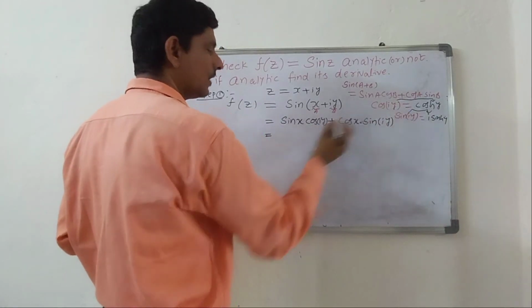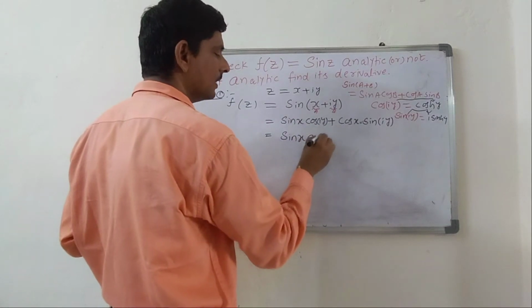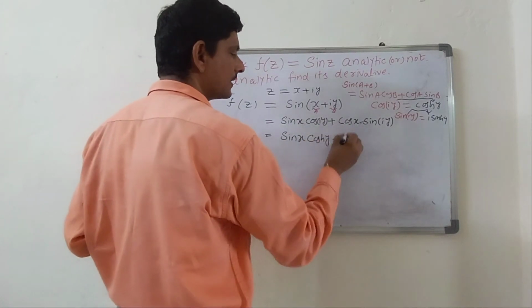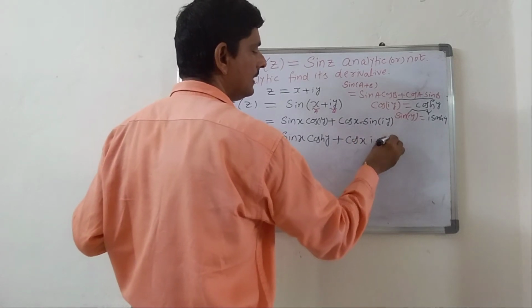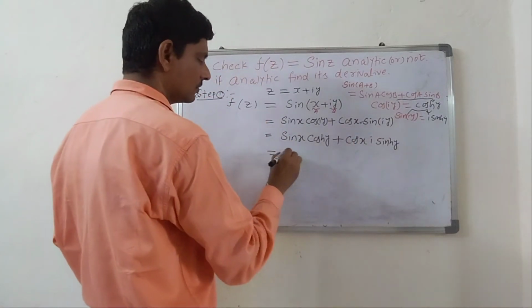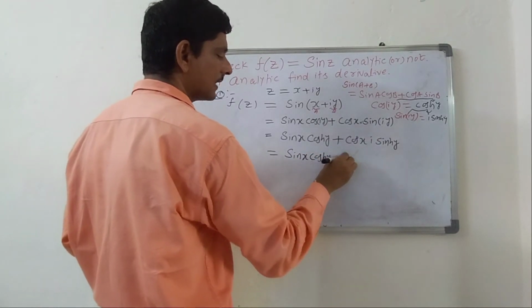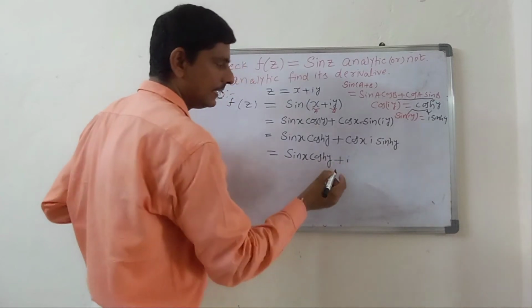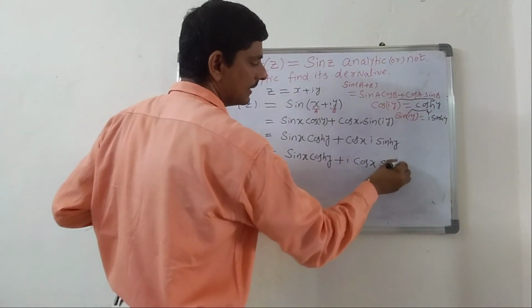So from that formula we can write sin x into cos iy is nothing but cos hy, plus cos x into sin iy is nothing but i sin hy. So we can write it as sin x into cos hy plus i into cos x into sin hy.